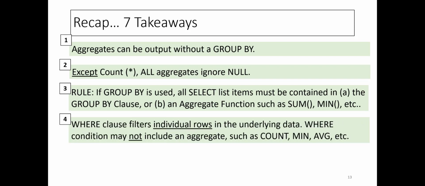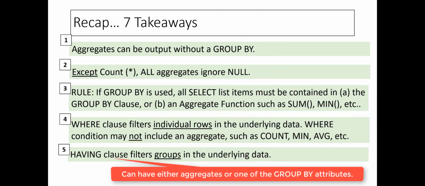4. The where clause filters individual rows in the underlying data. Where condition may not include an aggregate. 5. The having clause filters groups in the underlying data. It may have aggregates. 6.